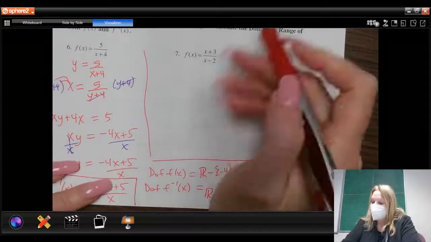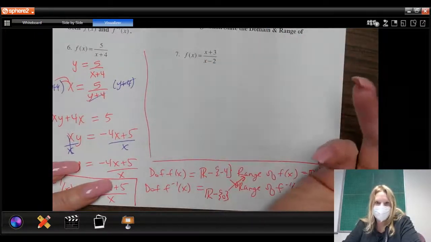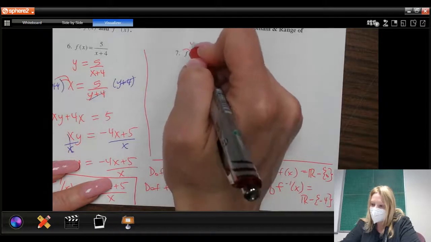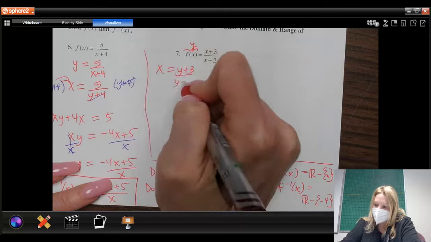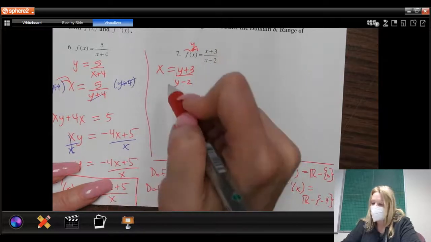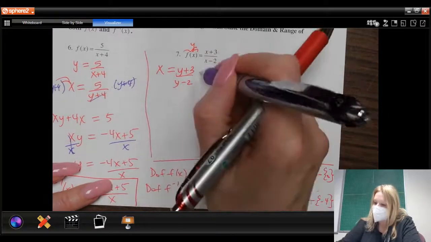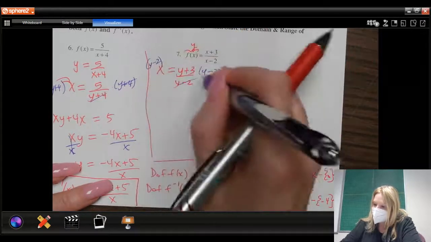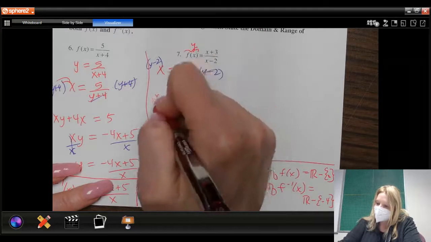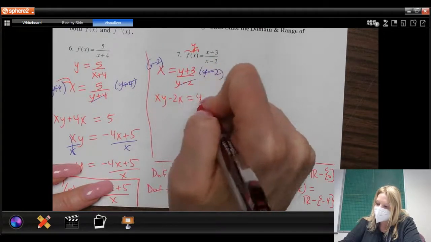For the next one, again, swap x and y, solve for y. Remember, this is y. So when we swap x and y, it looks like that. Multiply both sides by y minus 2. So it's xy minus 2x equals y plus 3.